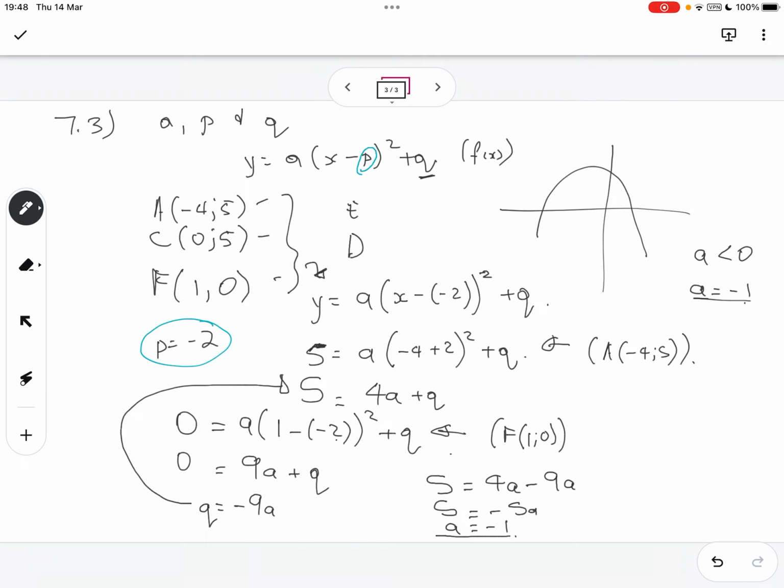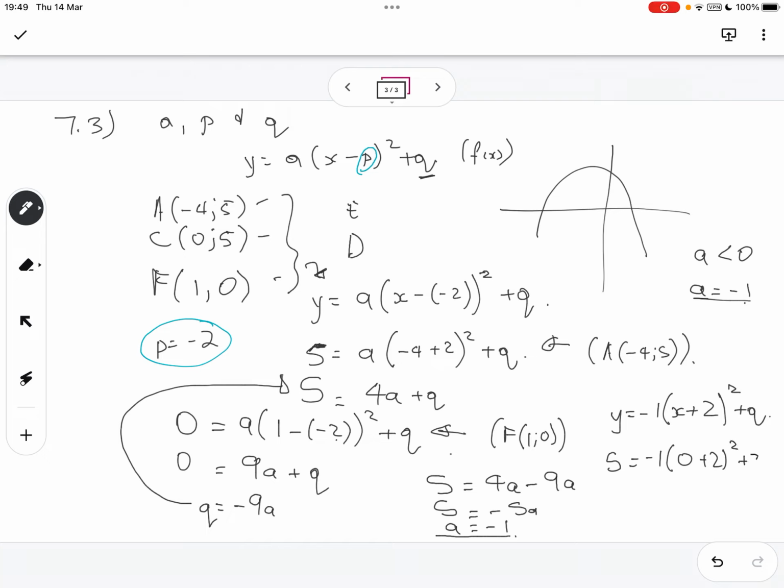Anyway, so we're left with just q to work out. And q we're going to work out by saying, so now we've got y equals negative 1 into (x plus 2) all squared plus q. And again, we've used (1, 0) and (-4, 5), so you can use (0, 5).